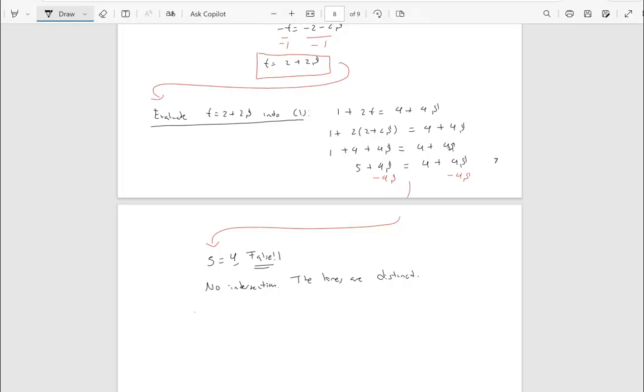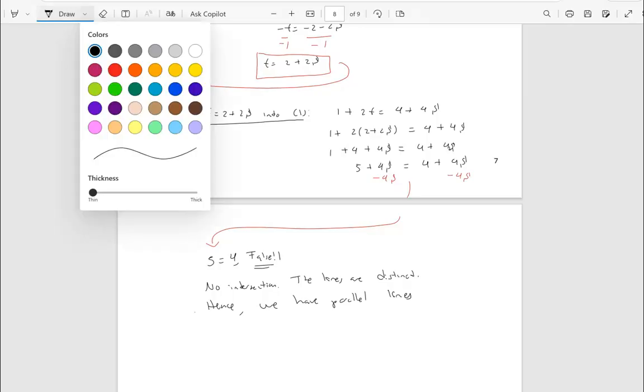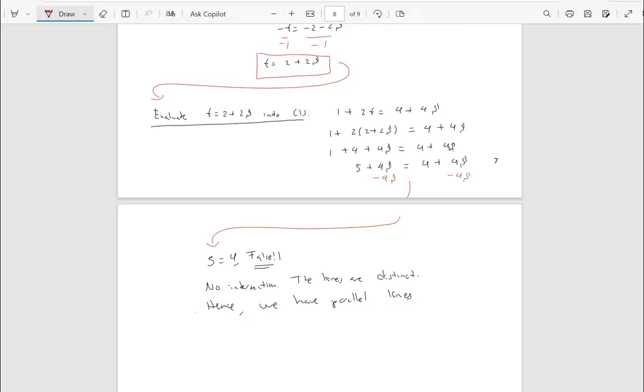And I'll just say hence, we have parallel lines. And then let me add in here, no intersection. Oh, I actually had it already there.